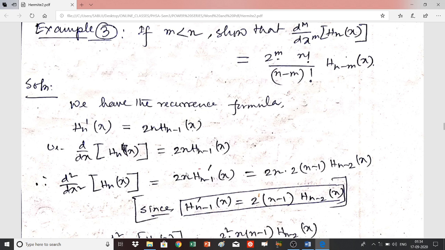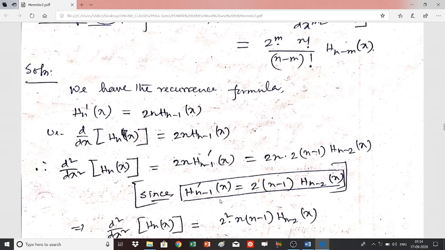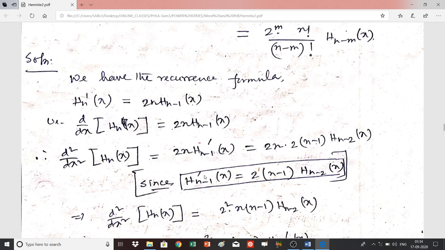And you know another recurrence relation, written here, H_(n-1)'(x) is equal to 2 into (n minus 1) H_(n-2)(x). Using this recurrence relation, just substitute the value of H_(n-1)'(x) in this term.